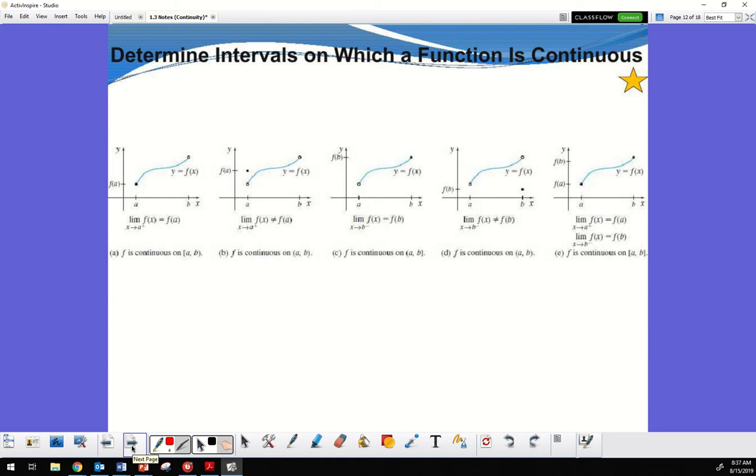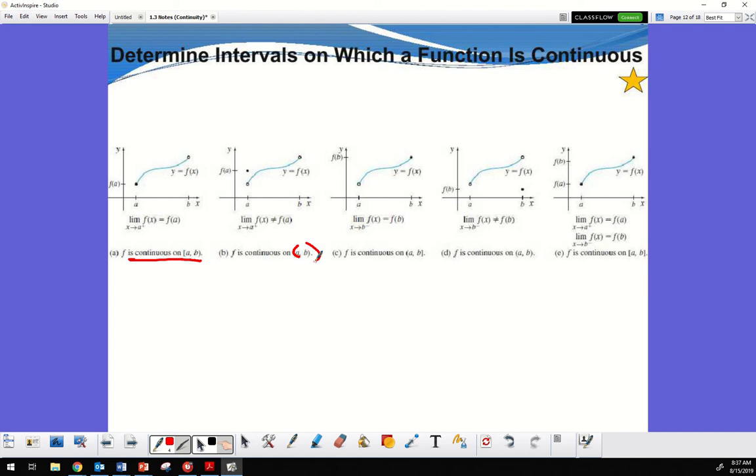So here are examples. This one right here is continuous at the left, because it's continuous at A. So closed dot at A, open dot here. So it is continuous over the interval from closed A to open B. This one right here is going to be continuous on open A, open B. So it is only continuous from there to there.